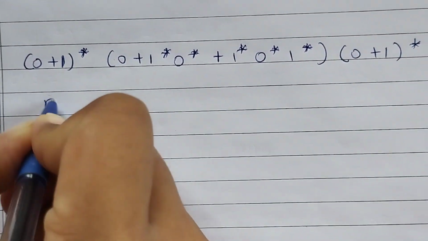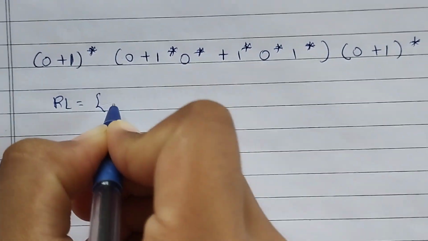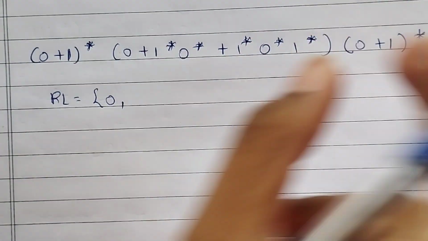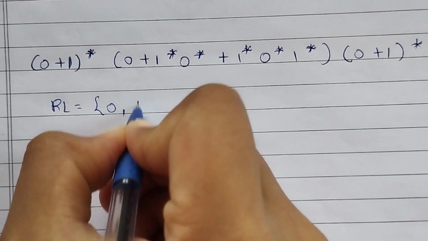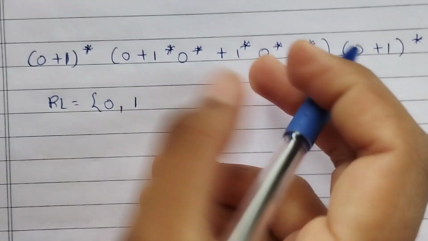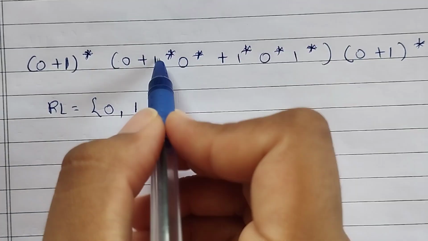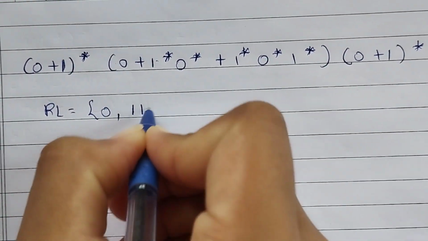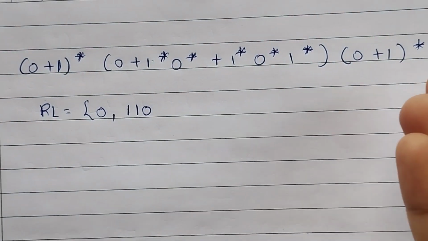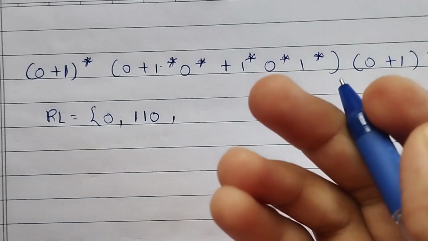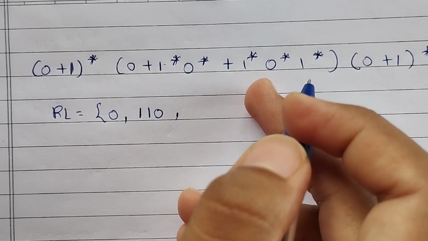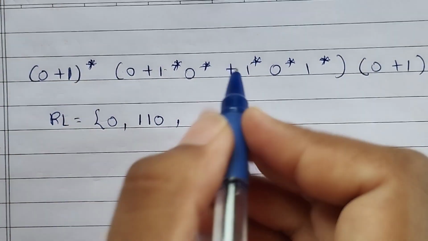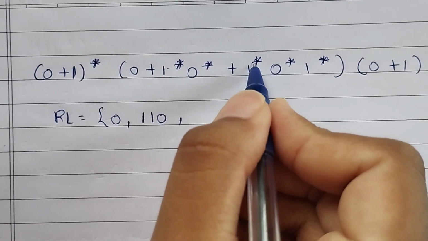So my regular language is 0 first, because these are null. Let's suppose the second time I consider 1 from this bracket. From this bracket I consider 1 0. So 1 0 is a possibility, and this is null. Next time I consider this null. From this bracket I consider 0 1. This 1 star I consider null.